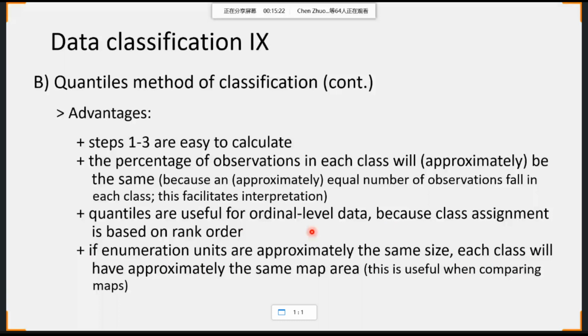Then it's possible, even if the sizes are not the same, but it's still better if they are the same. But you can also compare, for example, different states of the United States. You can compare, let's say, Florida with Louisiana, and this makes more sense if the enumeration units, here the counties, are about the same size.